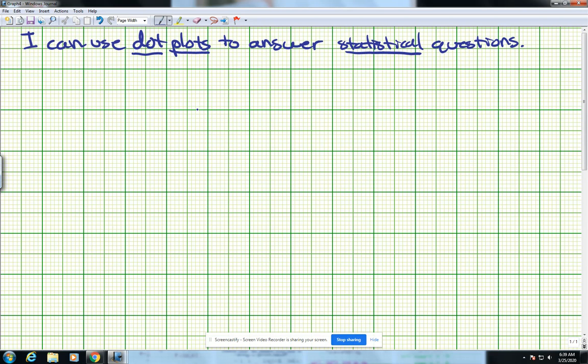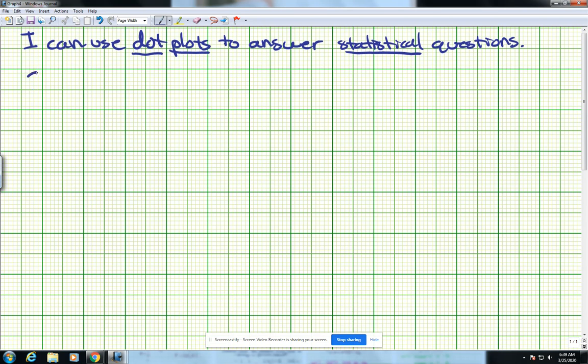At the top of page 392, let's take a look at some of those highlighted words. It says statistics is the science of collecting, organizing, analyzing, and interpreting data. Data is a general term for information. When we're looking at data in math, we're looking at information that comes in using numbers.